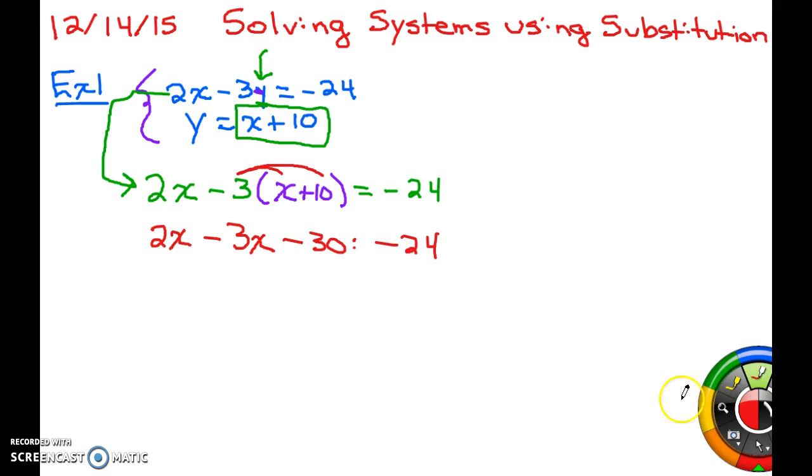Now that I have this, I can start to work on solving this. I have x's on the same side, so I'll combine them. 2x minus 3x is negative 1x, minus 30 equals negative 24. And again, I'll keep working on solving this like I always would. I'm going to try to get x farthest away first, which is the minus 30, so I'll add 30 to both sides.